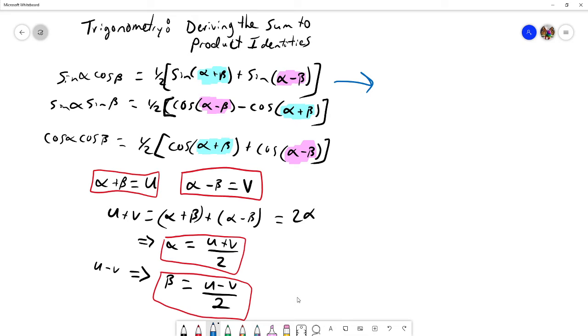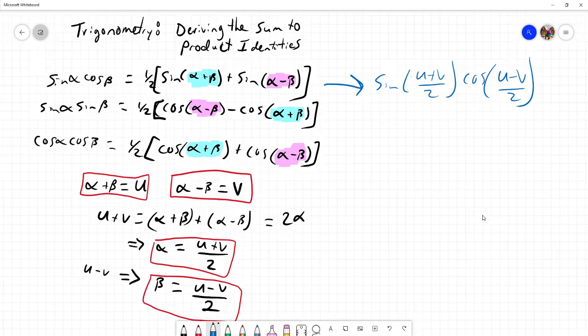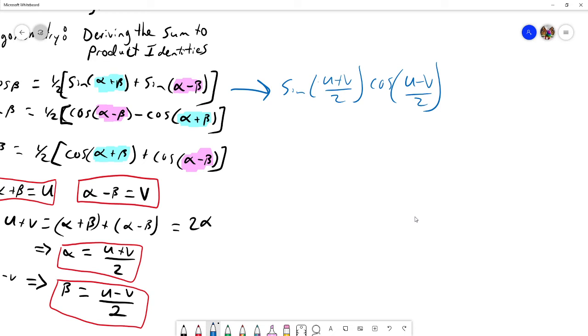If we change all the alphas and betas into u's and v's using what I just boxed in red, then sine of alpha is sine of u plus v over 2, and cosine beta is cosine of u minus v over 2. And that's the left side. On the right, we have our 1/2 still, times the quantity of sine of alpha plus beta, which is just u, plus sine of alpha minus beta, which is just v.